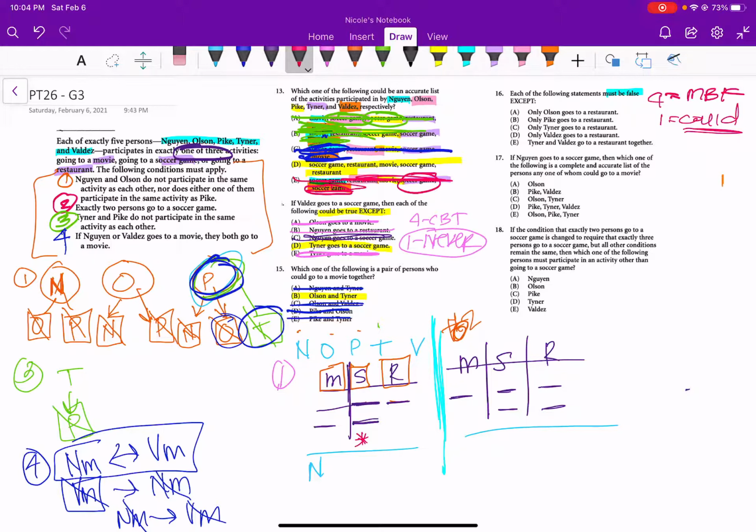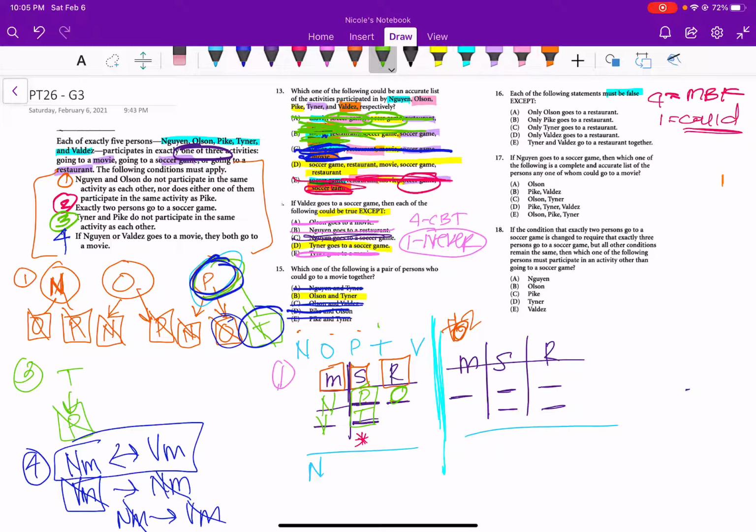Only O goes to a restaurant. Could that happen? In this one, we would be looking at world 1. So we would put O here. And either it would have to be N and V going to the movie together, which would leave P and T together, which can't be together.